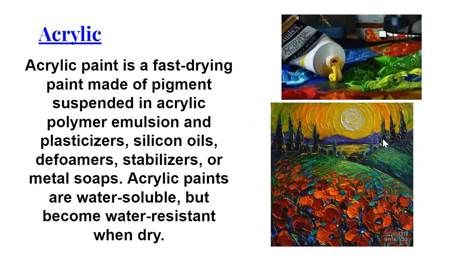Next is the acrylic. The acrylic paint is a fast-drying paint made of pigment suspended in acrylic polymer emulsion and plasticizers. Now, the oil paint was actually good, but the problem that was mentioned was that it is slow drying, right? Now, it was solved because acrylic is a fast-drying pigment.